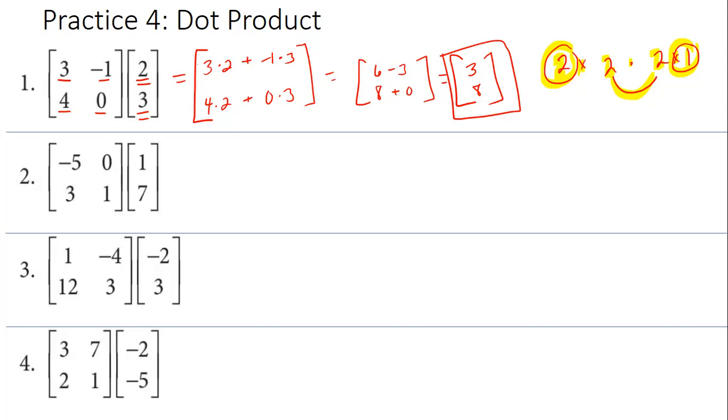I want the bell to catch us, so I'm going to start going over number 2. Is that cool? Sure. All right, so number 2, we already know it passes the smile test. So we're going to be making a 2 by 1. So we have -5 times 1, which is -5, plus 0 times 7, which is 0.